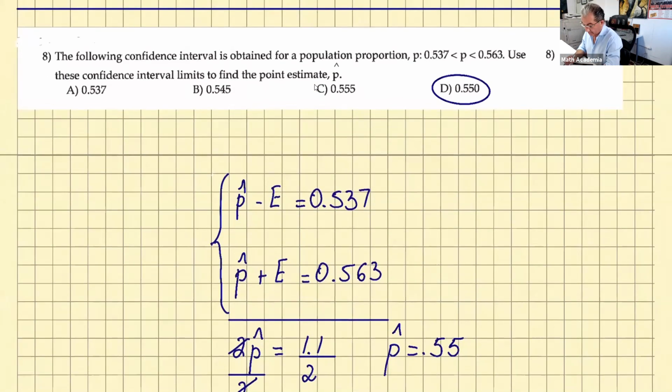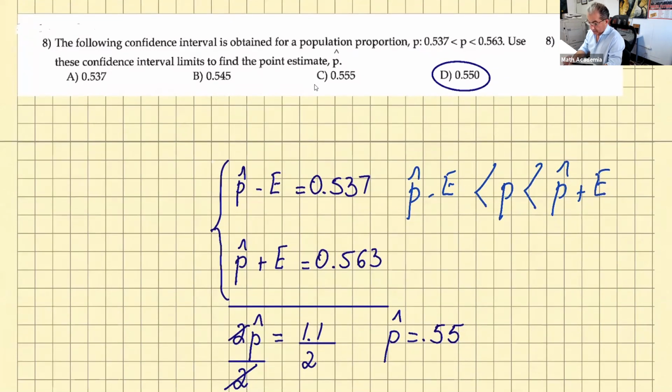So we know the first number here is p hat minus E, and the second number is p hat plus E, because as we said, p is a number between p hat minus E and p hat plus E. So p hat minus E is 0.537, p hat plus E is 0.563.